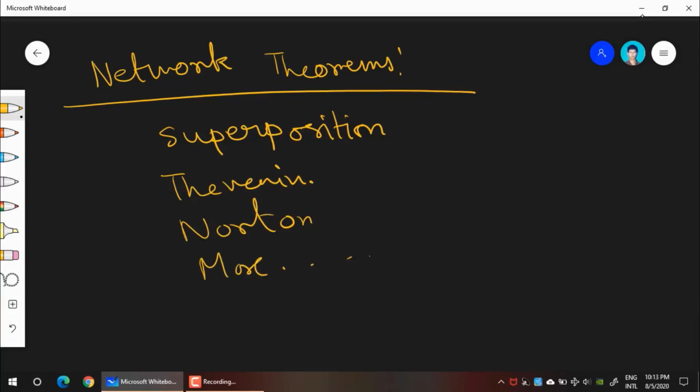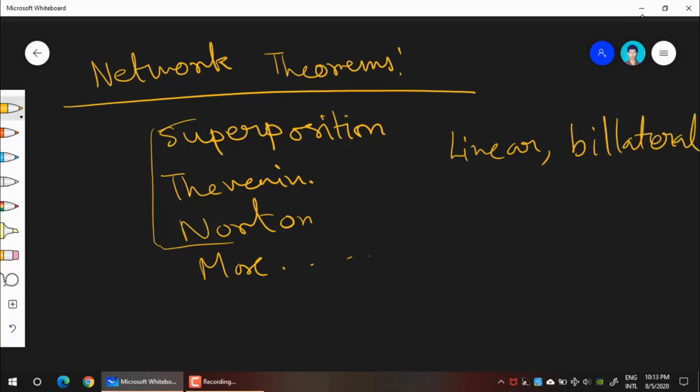For all these, if you remember, you had to memorize a lot of objectives. What are those objectives? Like linear, bilateral, time invariant. A lot of objectives you need to remember.